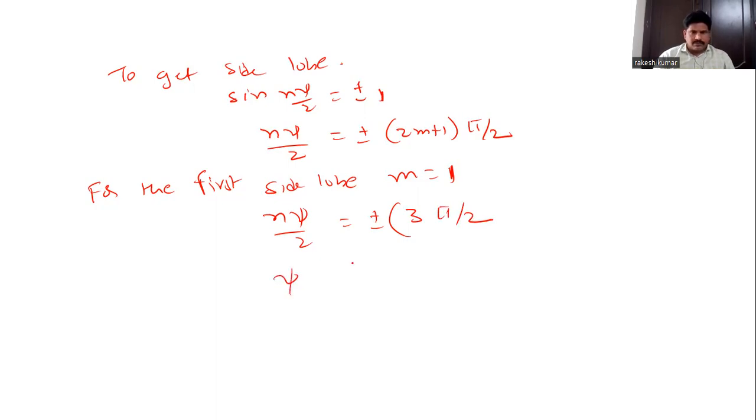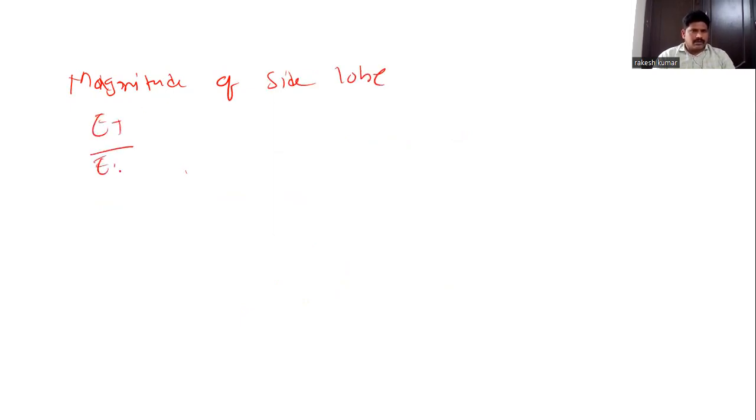So from this, psi by 2 is equal to 3 pi by 2n. Therefore, the magnitude of the side lobe is Et by E naught equal to sin(n psi by 2) by sin(psi by 2).